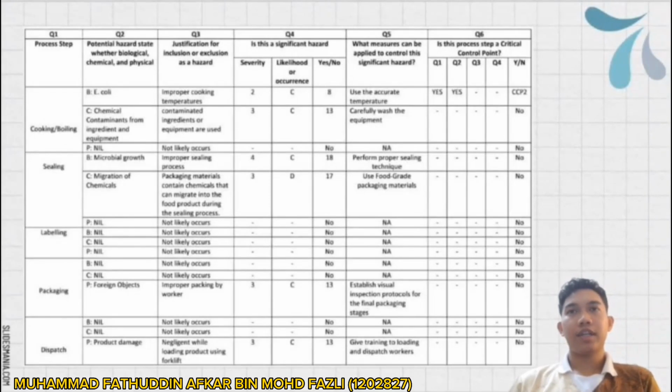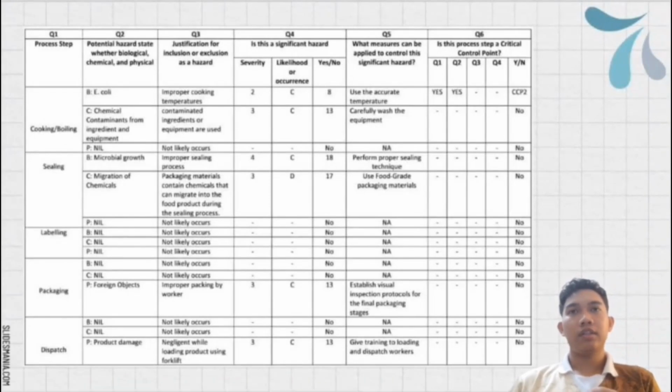Okay, the next process is the cooking process, which is the boiling process. The potential hazards in this process are a biological hazard and a chemical hazard. For the biological hazard, it may contain E. coli that comes from improper cooking temperature. The severity is 2, which can cause serious illness, and it could occur. So to control it, we use accurate temperature.